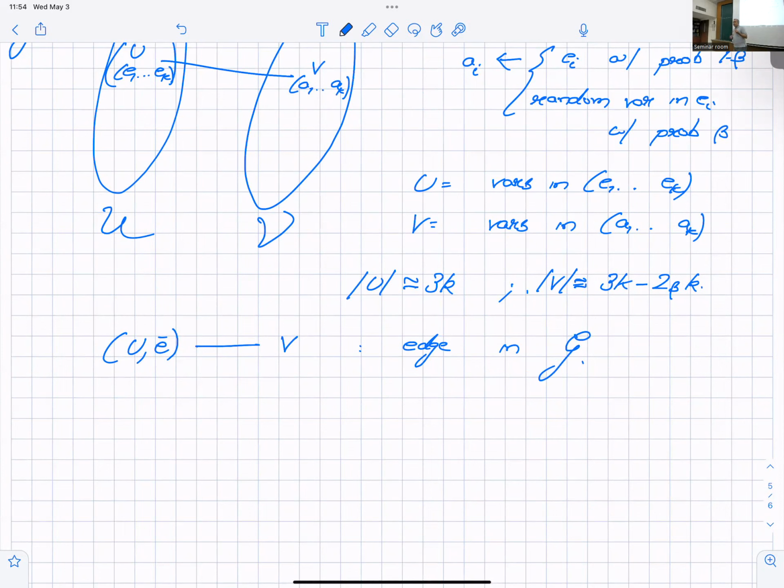And what's the variable? What's the assignment I'm going to give? So this guy is going to get labeled from a string in F2 to the U. This guy is going to get labeled from a string in F2 to the V. Basically, I'm going to give a 3K bit assignment here and a 3K minus 2 beta K assignment here.